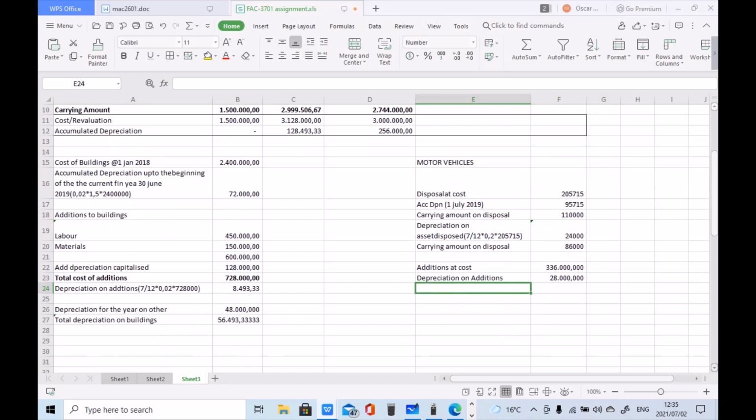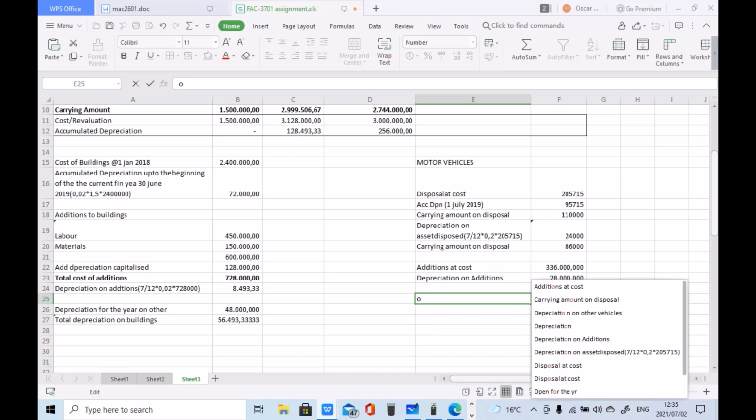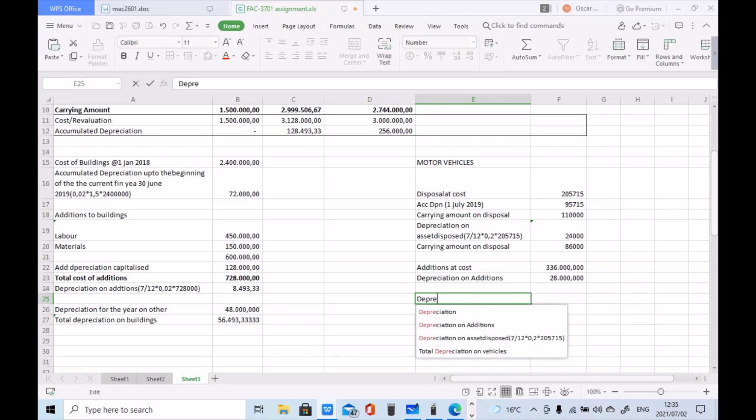Now we also need to calculate depreciation on other assets that we had throughout the year. Let me just say cost of other assets.